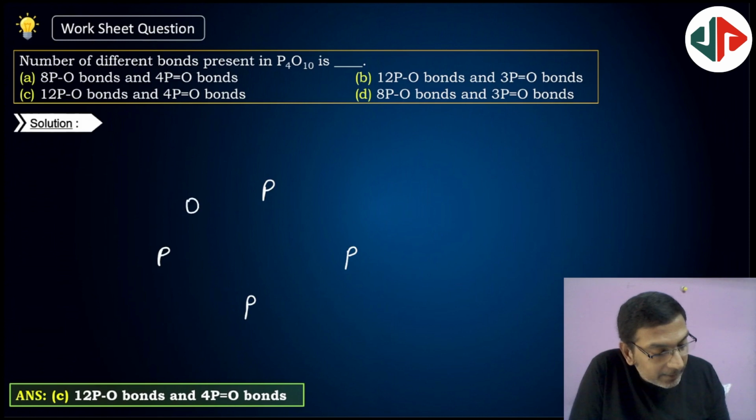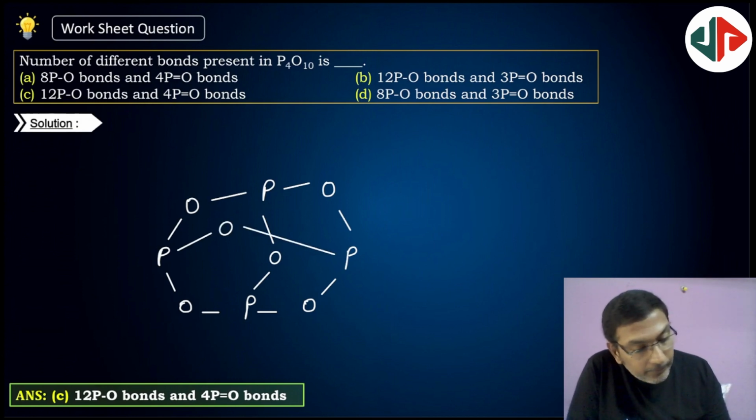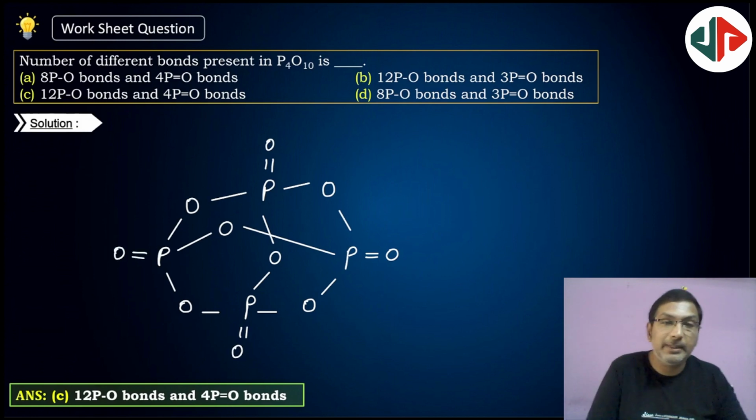Next in between two phosphorus atoms O, cage-like structure. Next double bond O, double bond O, double bond O and double bond O. Check.